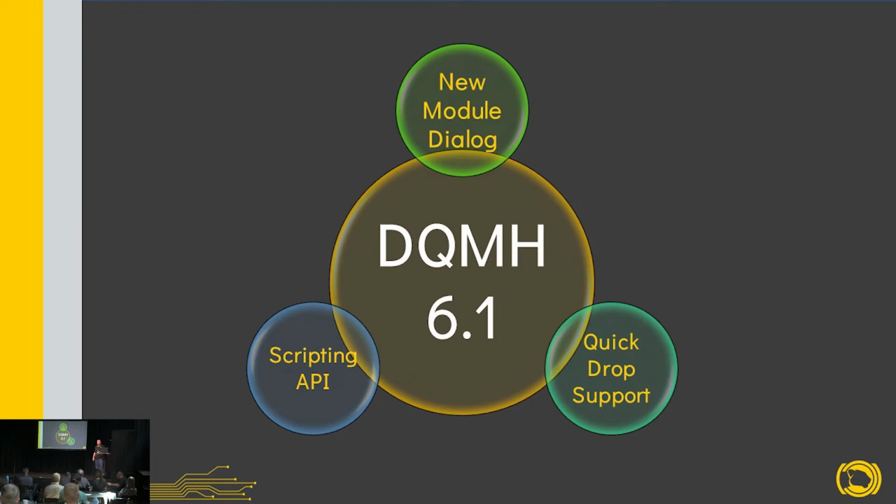The second is quick drop support, so you can use quick drop and launch all the scripting tools in DQMH. It is really cool. And the third one is the scripting API. The scripting API is several VIs related to the DQMH framework. This is the core of the tool I developed.